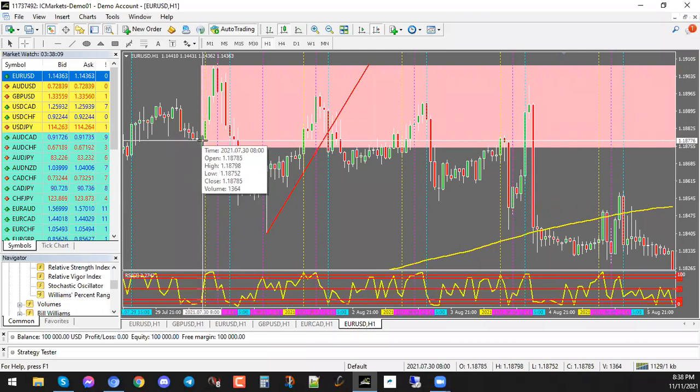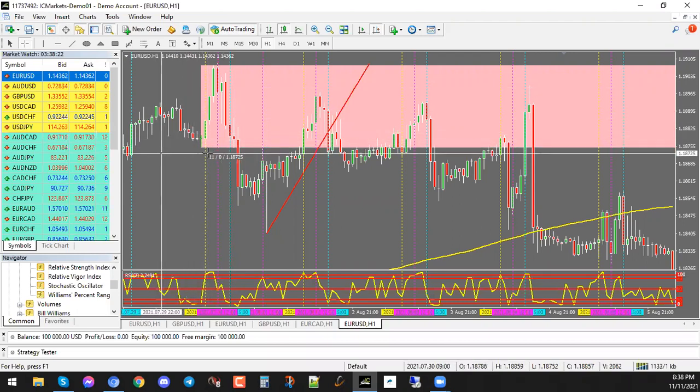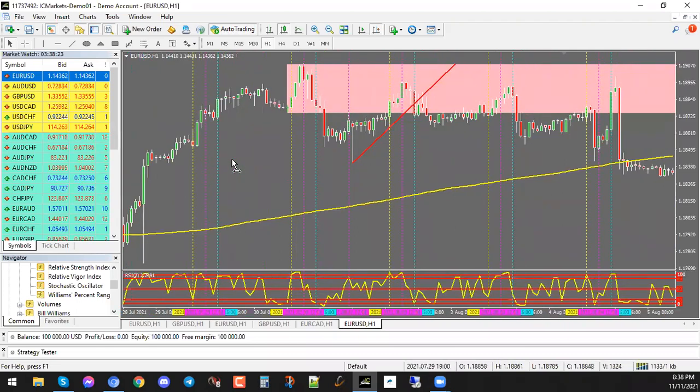Okay, so you're saying that the bearish move did not break previous structure. Wouldn't this be what you consider to be previous structure right here? Let me just use a horizontal line.